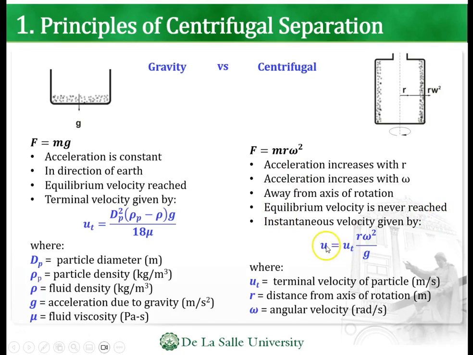You'll notice here that there is a relationship between the terminal velocity and the instantaneous velocity for centrifugal action. It's r omega squared divided by g. So basically, ut just divided by g and then multiplied by r omega squared. Isn't it that this one has units of g as well, the r omega squared? So in turn, they would have the same units.